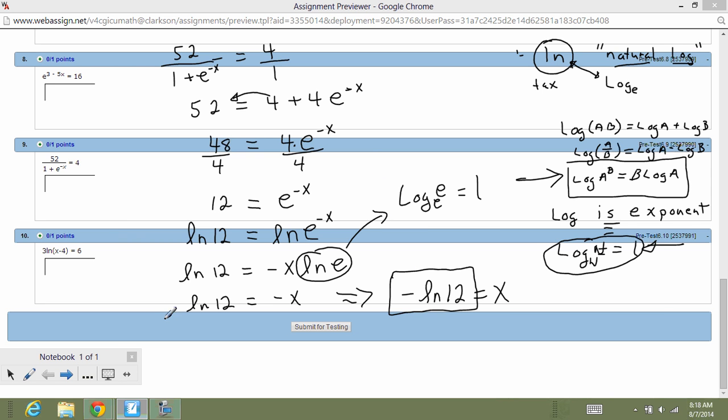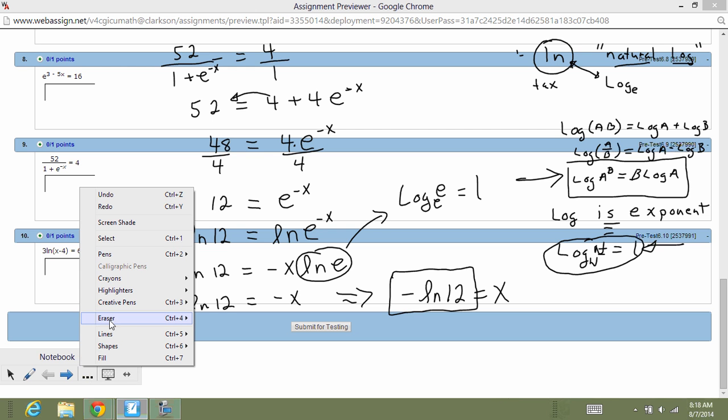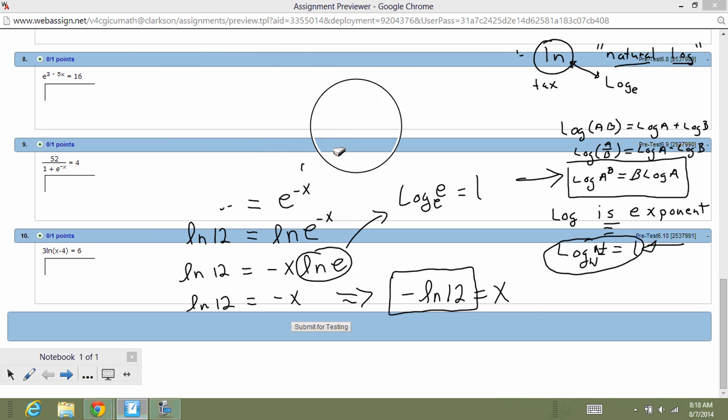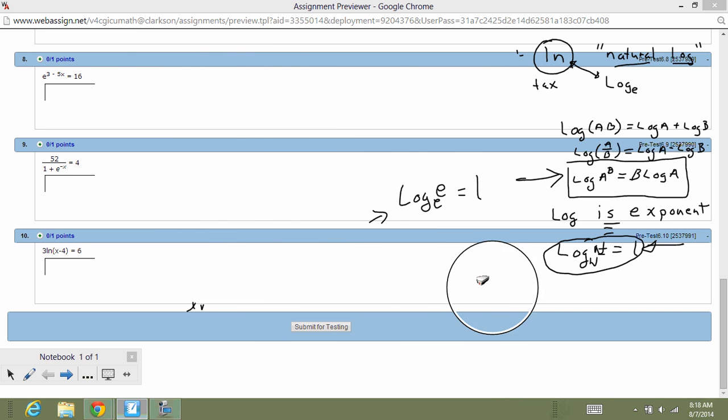And we'll move ahead now and get our last question from this pretest. And it is hopefully going to be very easy for you at this point. We've got 3 natural log of x minus 4 equals 6.